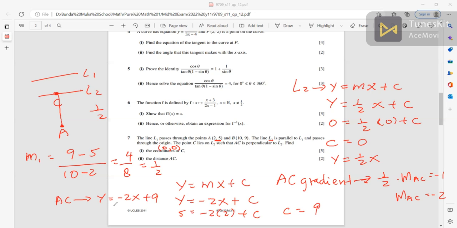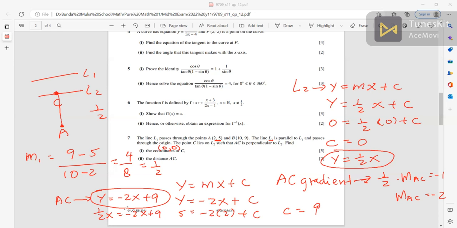From here, we find C using the point of intersection with L2. L2 we know is y equals to half x, and AC is this one. So we substitute y with half x. So half x equals to minus 2x plus 9.